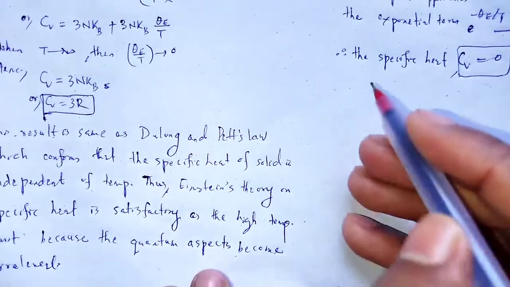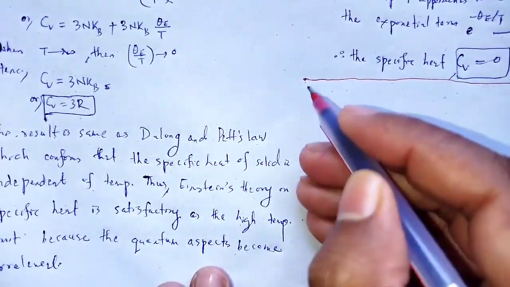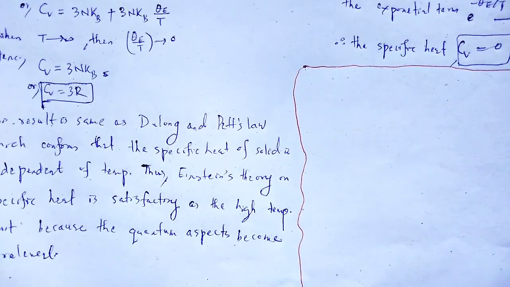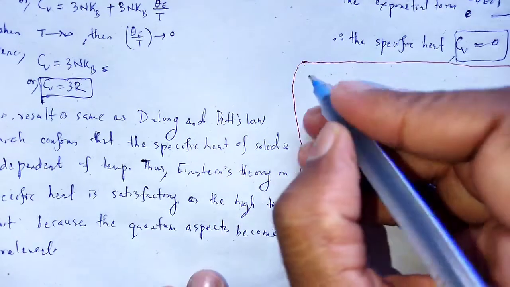Then what are the limitations of Einstein's theory for specific heats in solids?